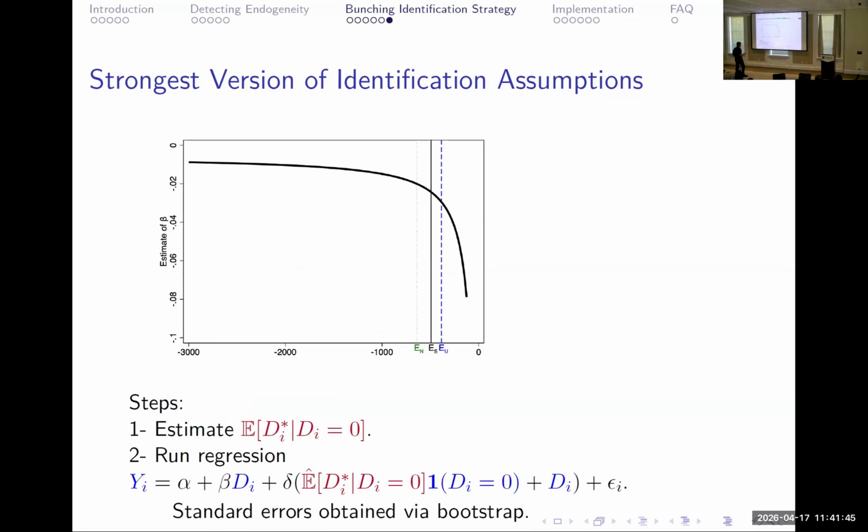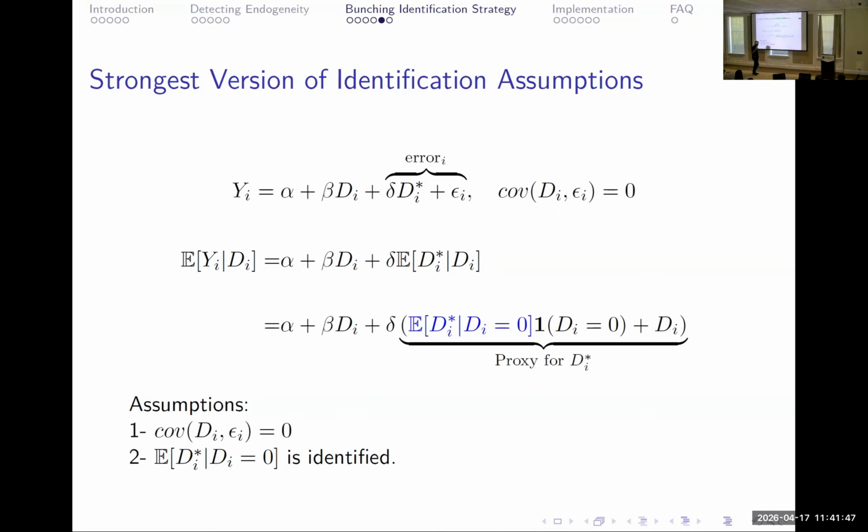Now, remember, this goes back to what Marinho was talking about. In our setup, similar to Marinho's setup, you can come up with a whole spectrum of assumptions, a whole menu of assumptions. One thing we can do is not make any assumption at all to identify this blue thing. You know what we could do? We just guess it. We know it's negative, so let's guess it to be 0.1.